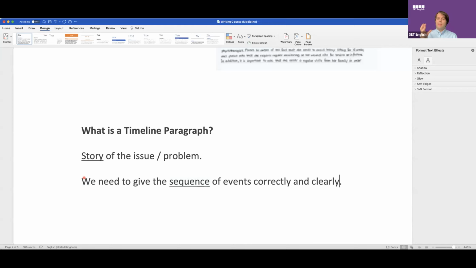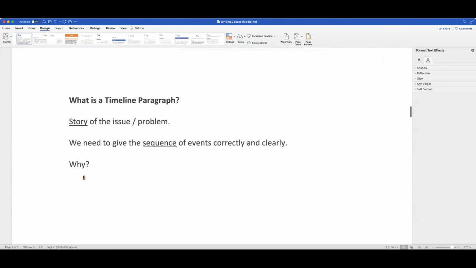If we don't do this, we know that OET will penalize you. They're very hot on this. They don't like it when the sequence of events is not clear. Why do you think that OET do not like it if the sequence is not good? Because it can be complicated.